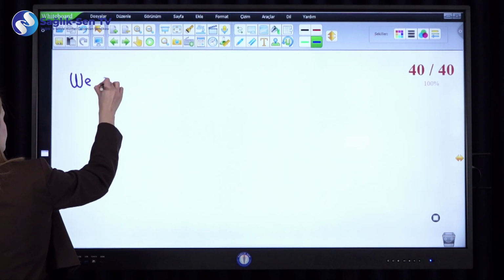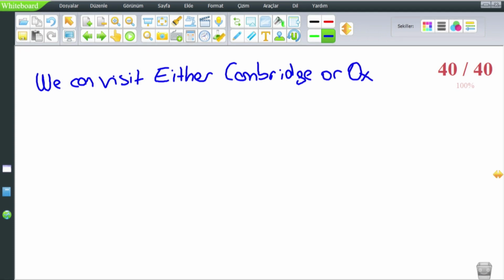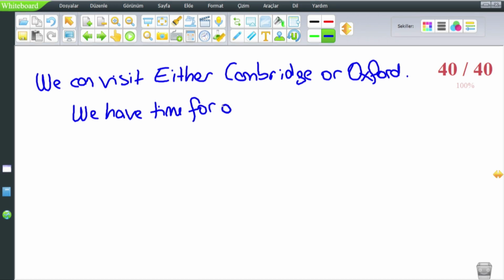We can visit either Cambridge or Oxford. We have time for only one of them. Again, they are both possible.